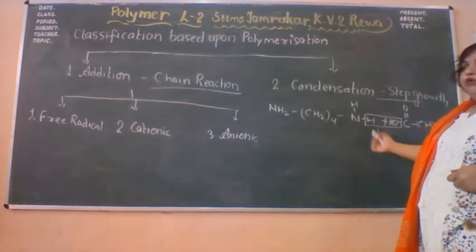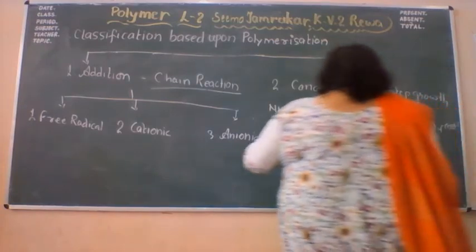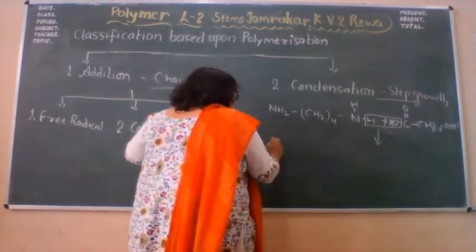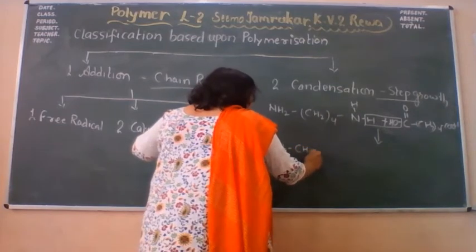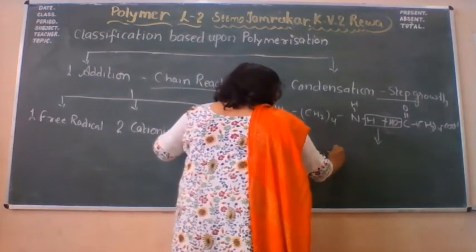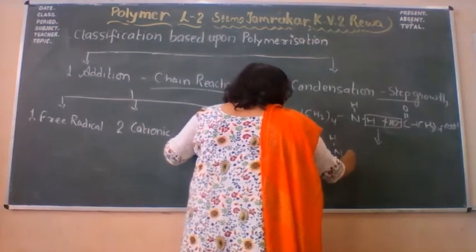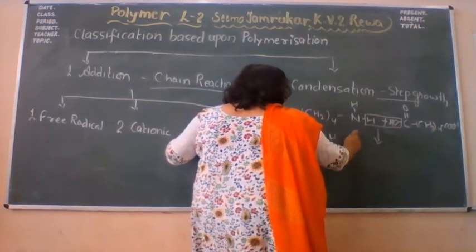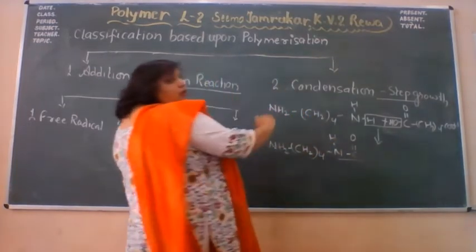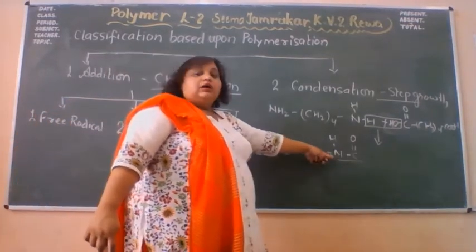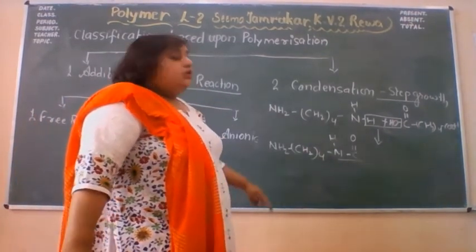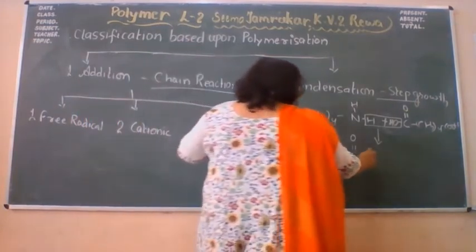And now the unit that is formed here is the NH2 CH2 whole 4 NH, here CO. This is the bond that has been formed here as the result of the condensation or the elimination reaction, right?